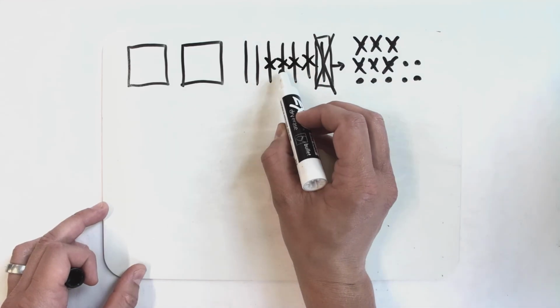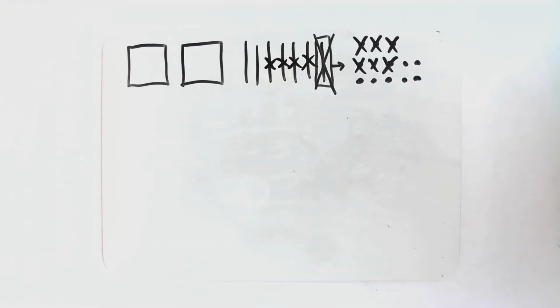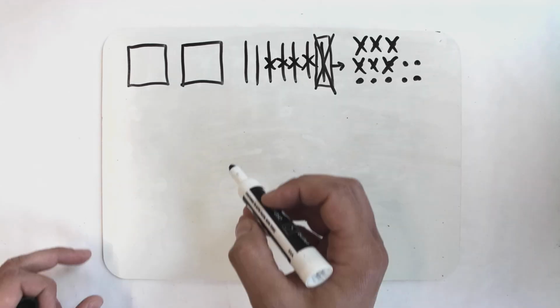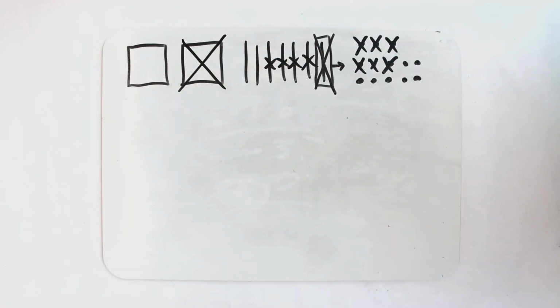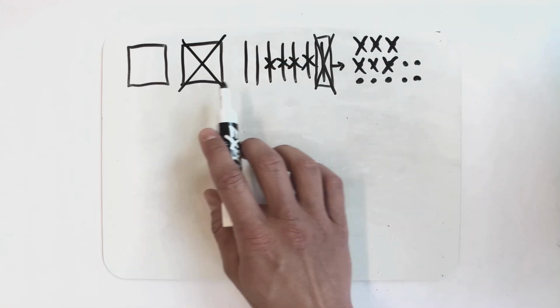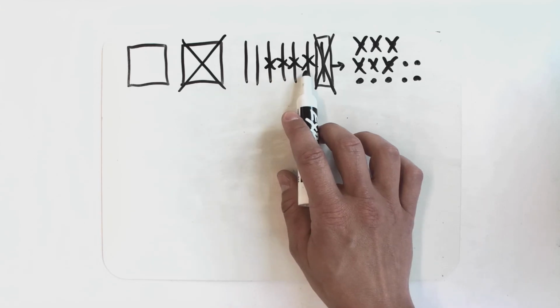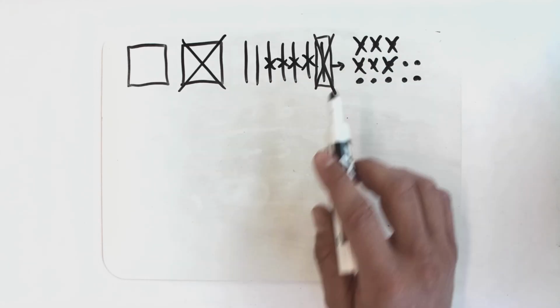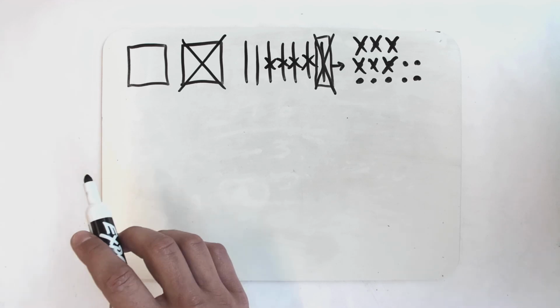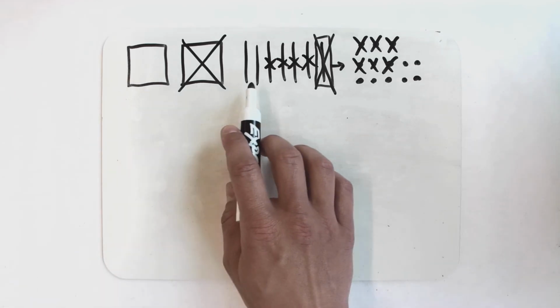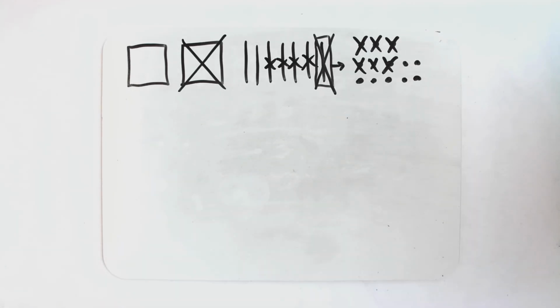I've subtracted 4 10s, so that leaves 2 10s. Then I need to subtract 100, so I'll cross out 100. I've subtracted 100, 4 10s, and 6 1s, so I've subtracted 146. The difference that's remaining is 100, 2 10s, 7 1s, or 127.